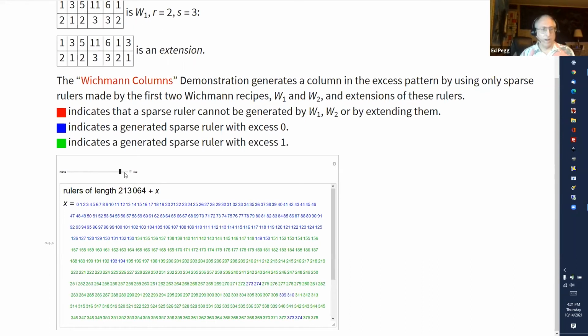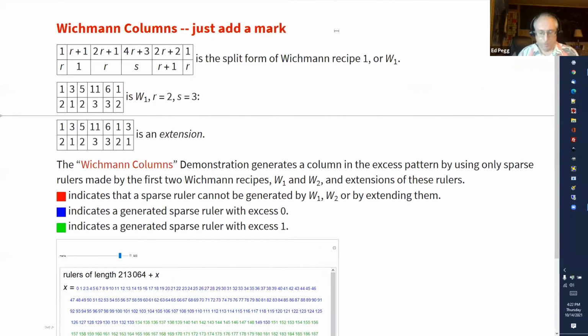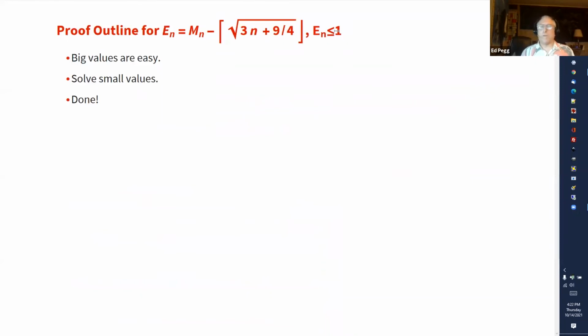But for anything above a length of 300,000, you could. So the proof that I found everything was basically: big values are easy, solve the small values, and the proof is done. And so the hard part was really solving the small values, and that took a year.